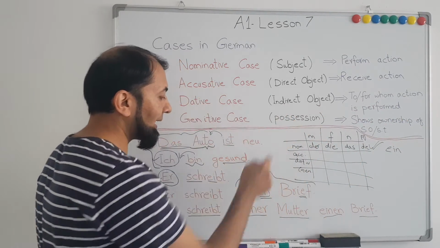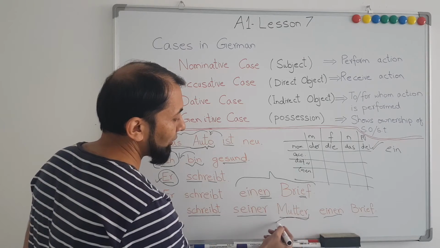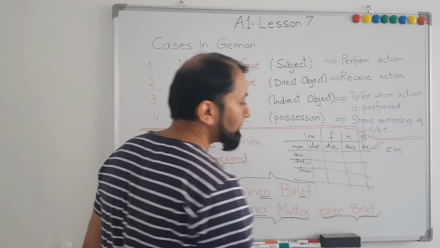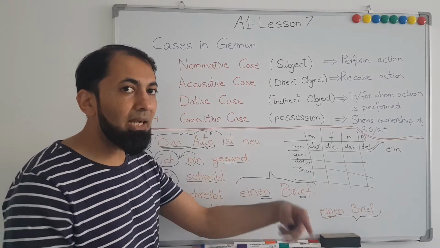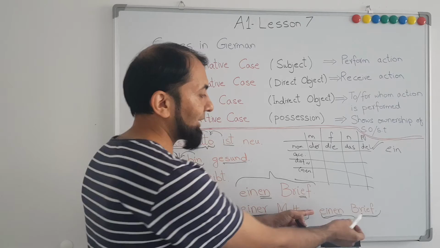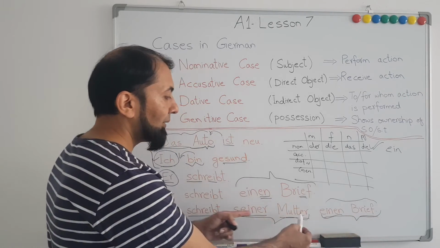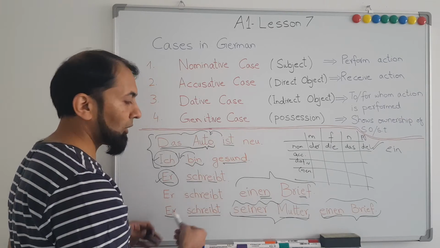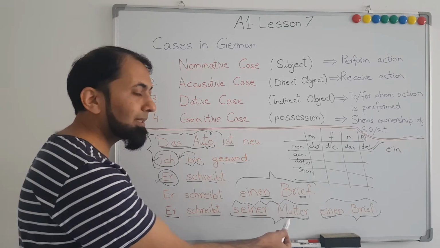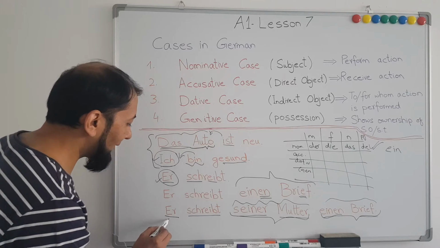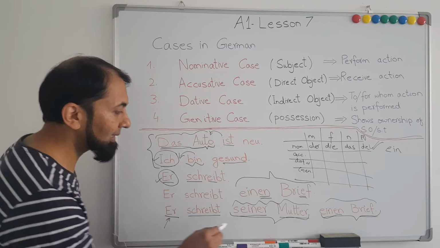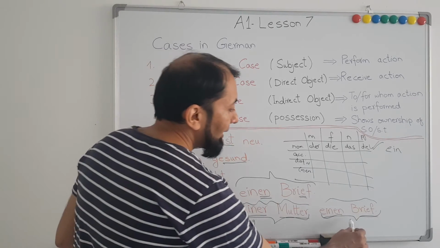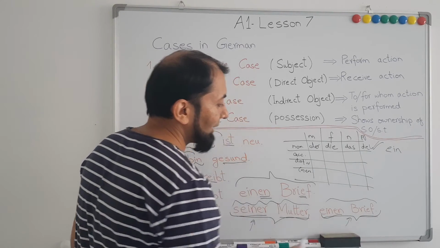So this is the indirect object of the sentence, and this is the direct object, because we are performing an action on the letter, and he is performing the action for his mother. So this is the nominative case in the sentence, this is the dative case in the sentence, and this is the accusative case in the sentence.